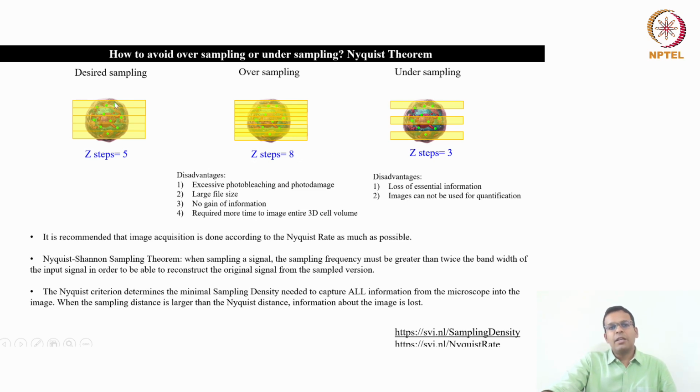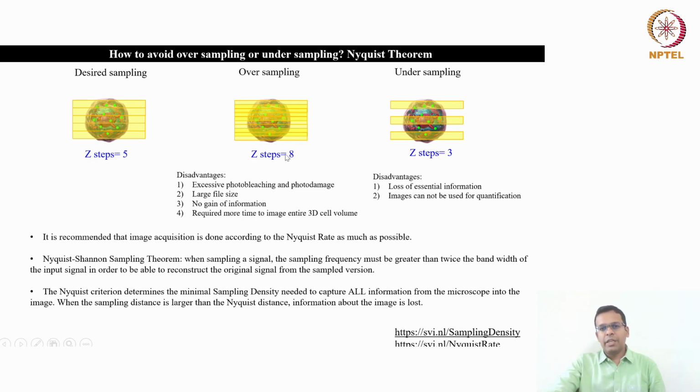It's not that here you could see 10 molecules and here you will see 12 molecules. If there are only 10 molecules in the cell, here also you will see only 10 molecules in the maximum intensity projection image. You will not get any additional information by oversampling.